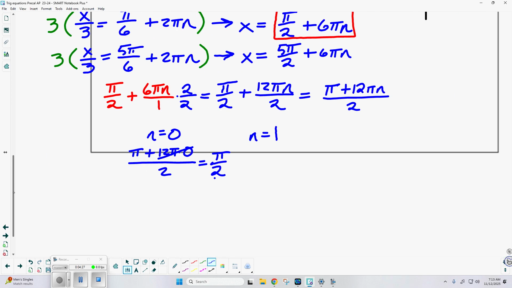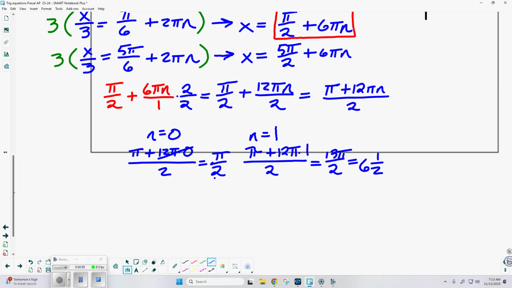So if n equals 1, pi plus 12 pi times 1 over 2. Well, pi plus 12 pi is going to give me 13 pi over 2. Now, this is a solution. This is going to make the equation correct. But let's rewrite it as a mixed number. 2 will go into 13 6 times with a remainder of 1.